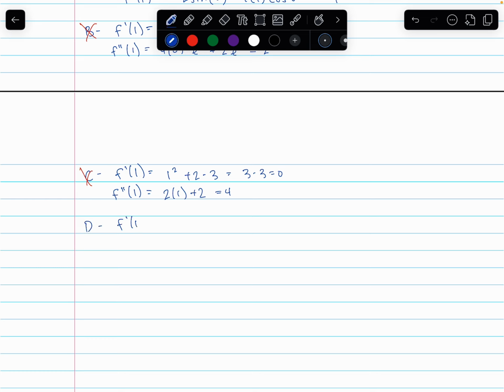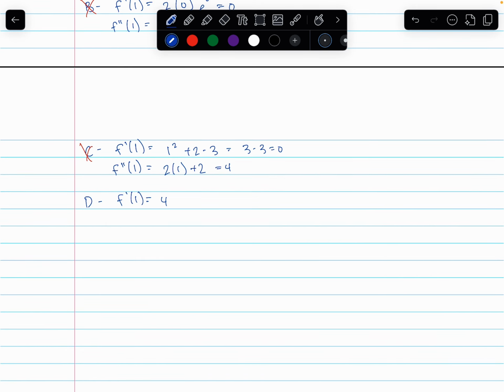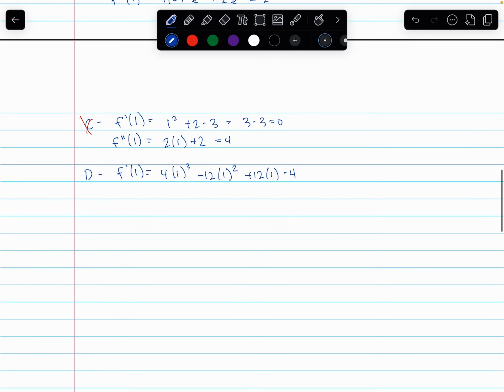So f prime of 1 is going to be equal to 4 times 1 cubed minus 12 times 1 squared plus 12 times 1 minus 4. That's going to be equal to 4 minus 12 plus 12 minus 4, which is equal to 0, so we're good.